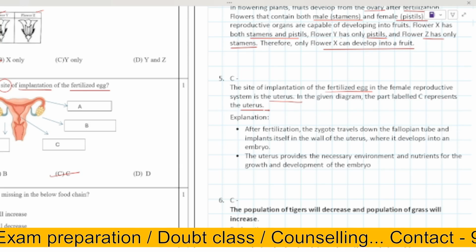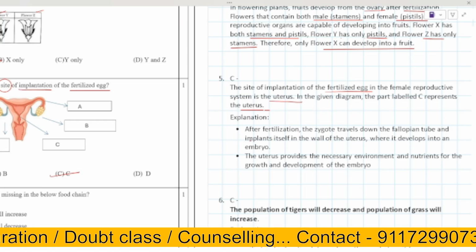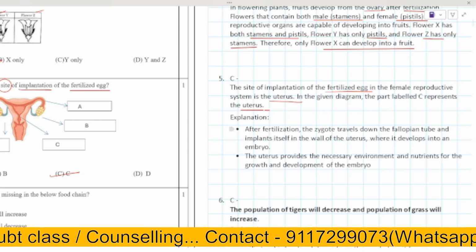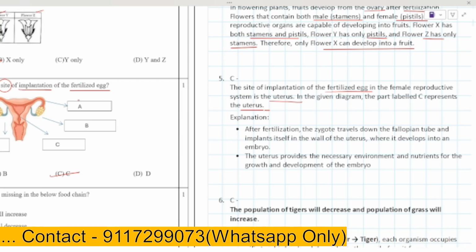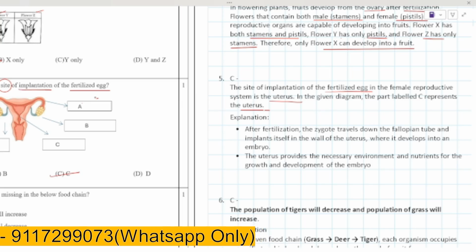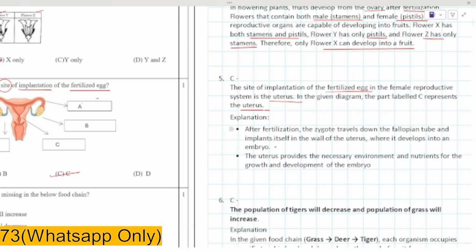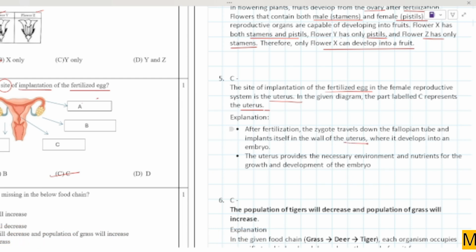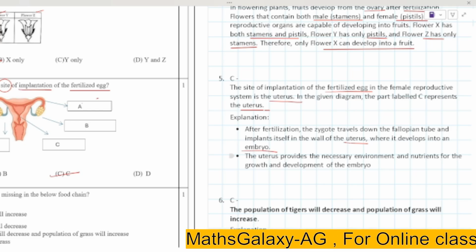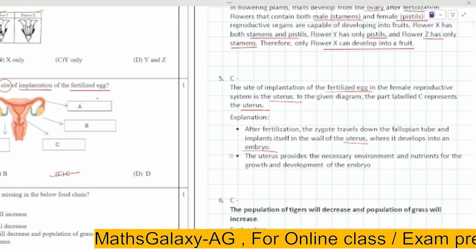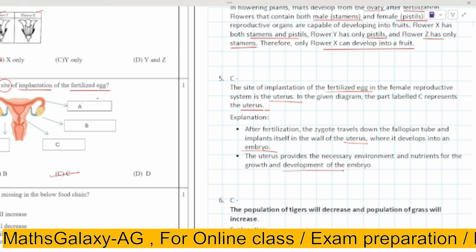So it will be C. And here the explanation is: after fertilization, the zygote travels down the fallopian tube, that is A. Here fertilization occurs, right? And it implants itself in the wall of the uterus, where it develops into an embryo. Is it clear? The uterus provides the necessary environment and nutrients for the growth and development of the embryo.